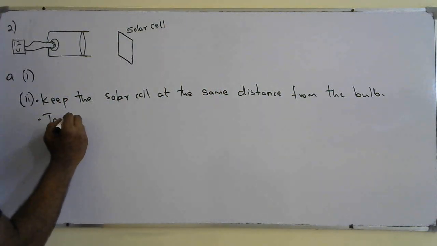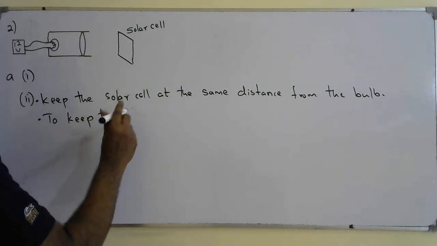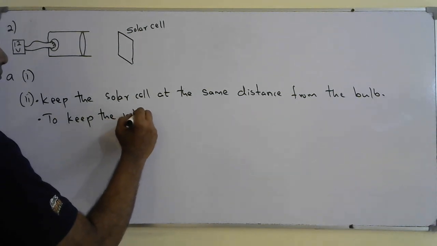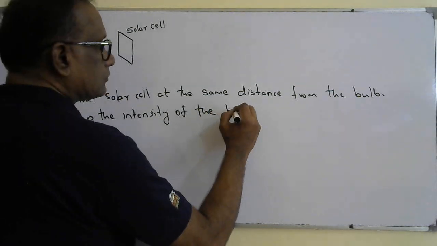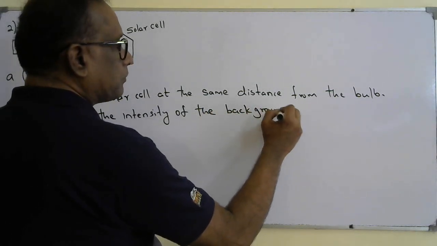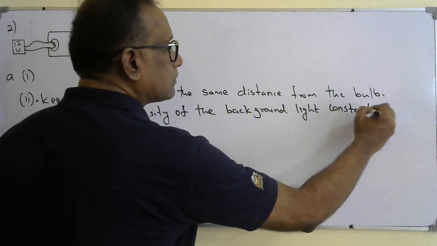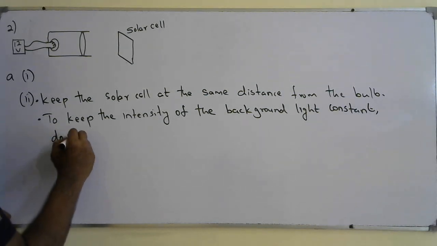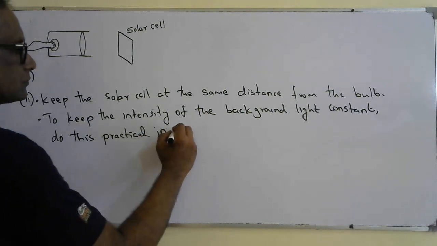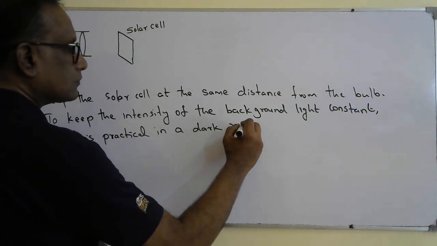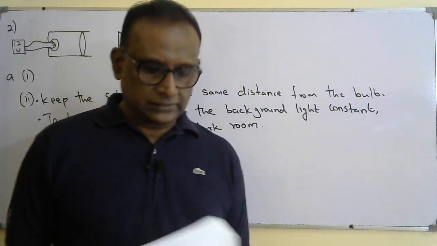So to keep the intensity of the background light constant, do this practical in a dark room. Okay, we can tell these two things.